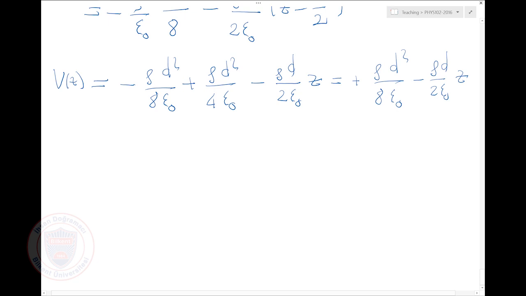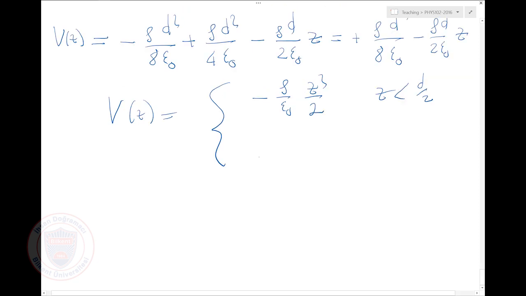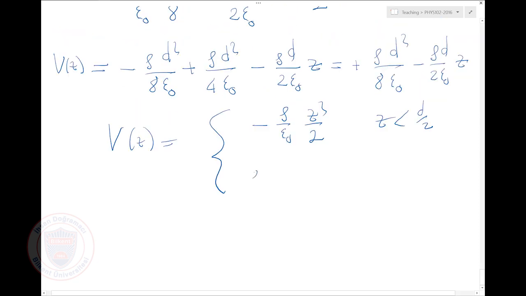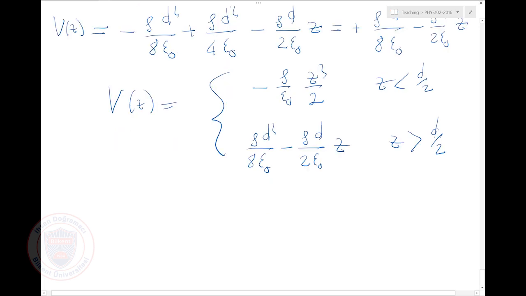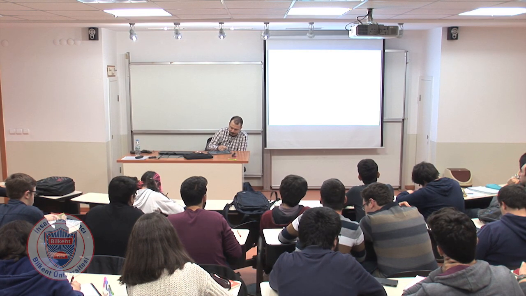V of z is minus rho over epsilon 0 z squared over 2 when z is less than d over 2, and it's rho d squared over 8 epsilon 0 minus rho d over 2 epsilon 0 z when z is larger than d over 2. What does it look like?